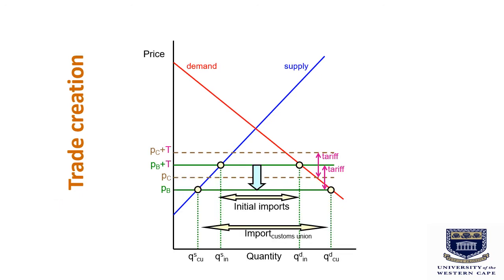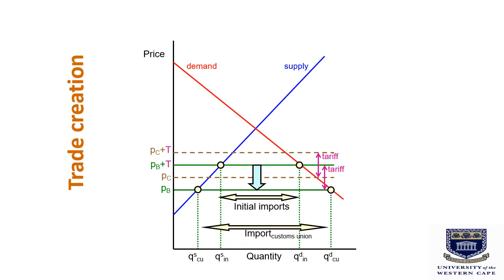While trading with a more efficient producer, country B. What is going to happen now is the idea of how do we actually create trade or how do we actually divert trade. So we're either going to enter into a customs union or a trade agreement with country B, or we're going to enter into a trade agreement with country C. In order for trade creation to occur, we need to enter into a trade agreement with a more efficient producer.